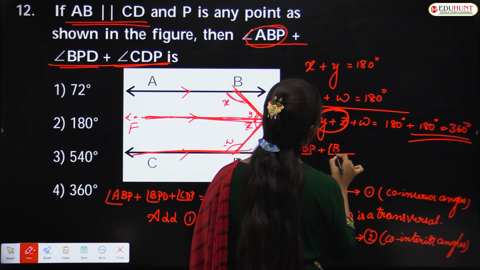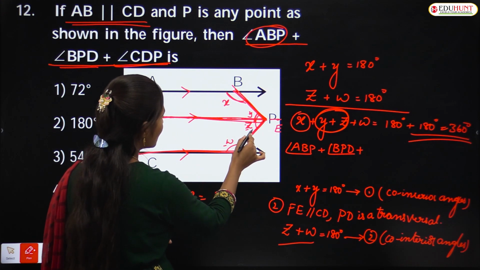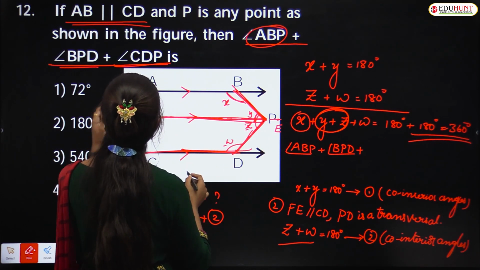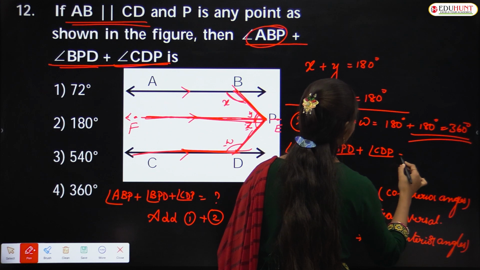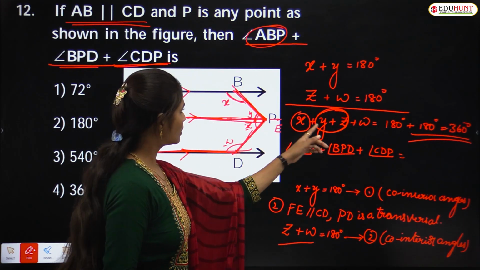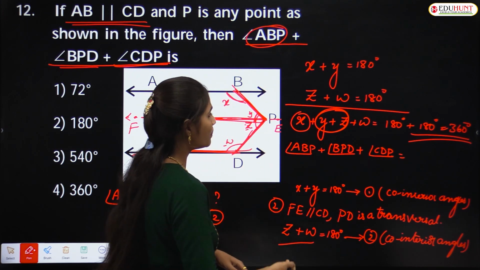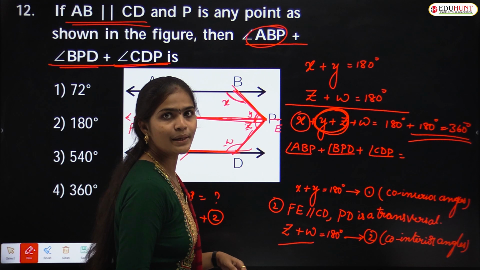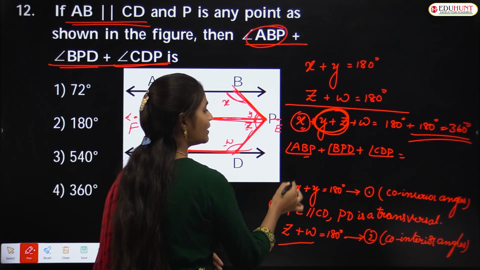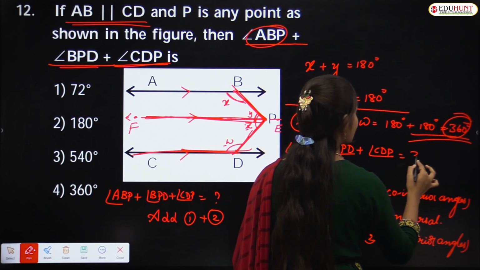So angle BPD, plus W is another angle which is formed at CDP, angle CDP. Is it clear? So in place of W we take angle CDP, and y plus z, those two angles form angle BPD, and x is formed at angle ABP, which is equal to 360 degrees.